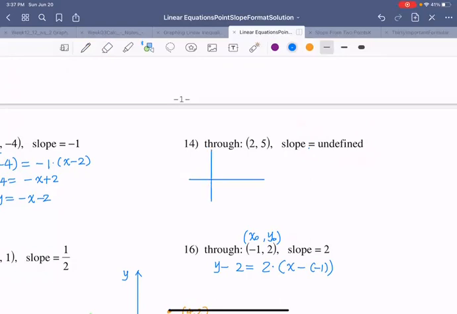If it's vertical, this point passes through 2 and 5, right? And it's vertical, like that, right? So, wait.